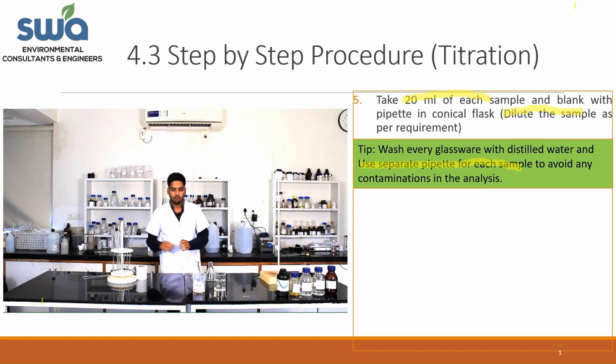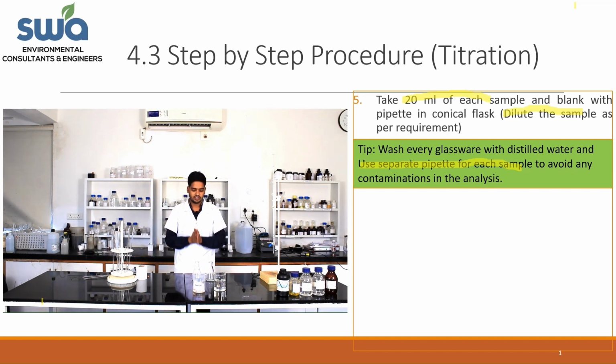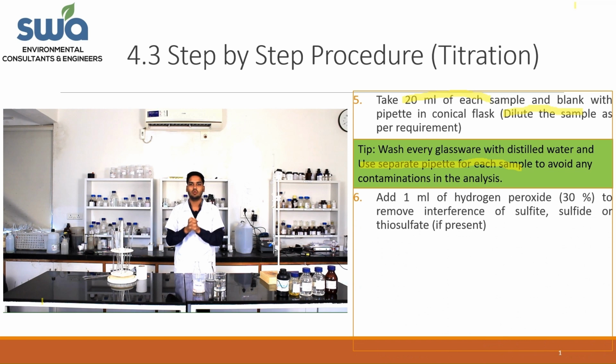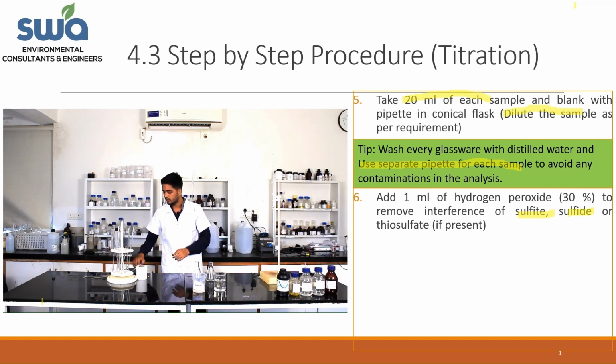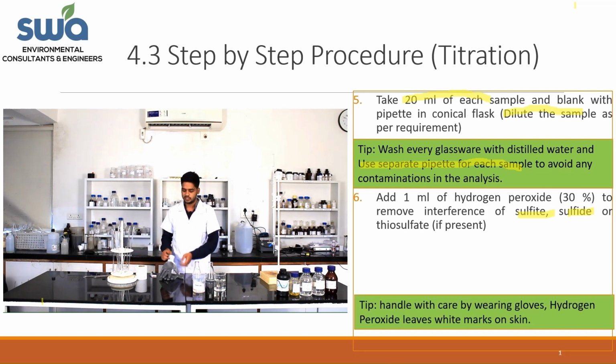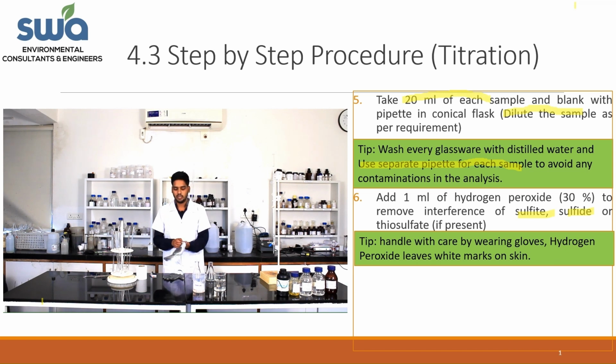Now we will give the sample peroxide treatment to avoid any interference of sulfide or thiosulfate if it is present in the sample. Whenever you are dealing with peroxide, wear gloves properly, because if peroxide falls on your skin, it will leave white marks and itching, so it is harmful for your skin.